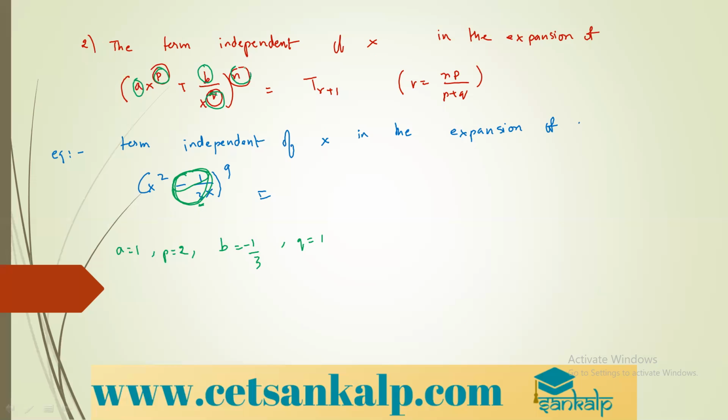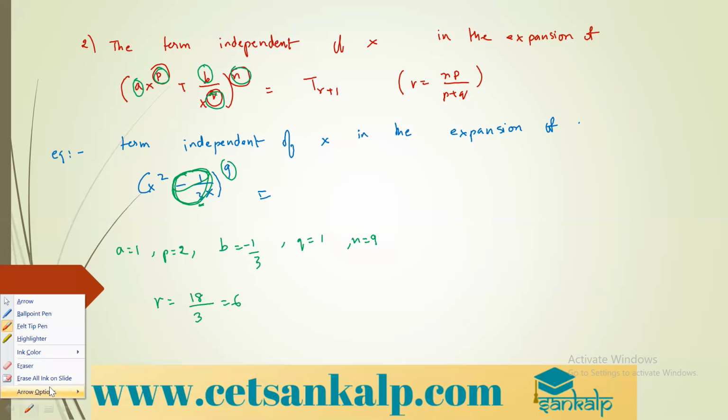And the power n is 9. Now first I will find r. np is 9 into 2, 18, by p plus q, 2 plus 1, that is 3. So r is 6.